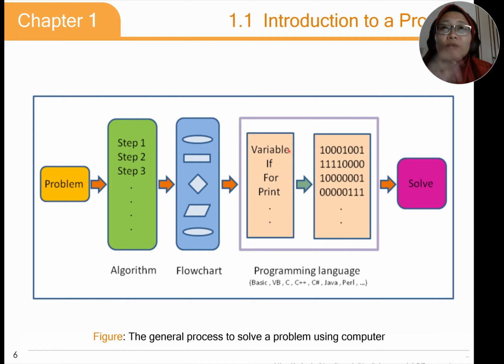This is what we're going to learn in this course: how to write programs. This level of instruction is something that we humans can understand, we can write it and we can read it.